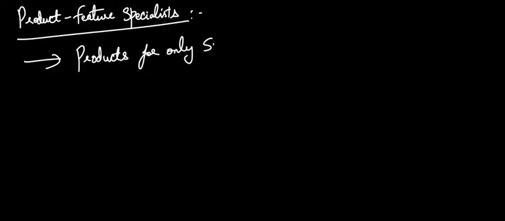The next type of specialization is product feature specialization. Product feature specialists, in fact. What do you mean by product feature specialists? They produce products only of a single feature or area or specialization.